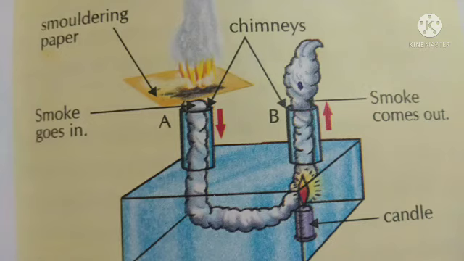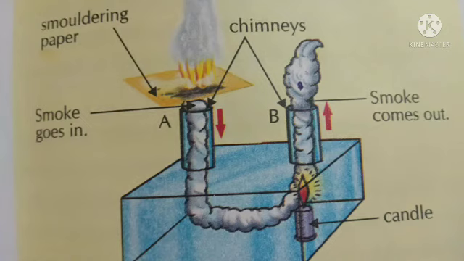When we place a burning paper, smoke is produced. We allow that smoke to fall through chimney A. Then you can see that this smoke comes out through chimney B. This is because the air above the candle gets heated, becomes lighter and rises up.